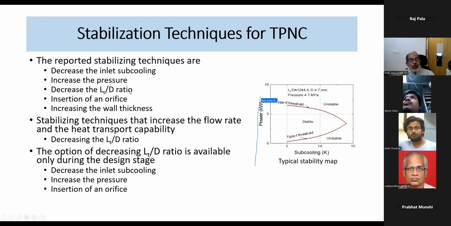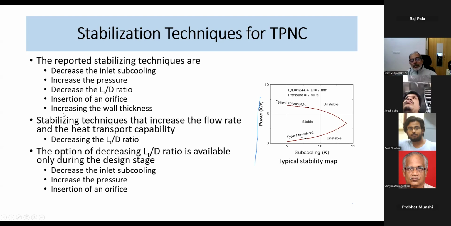But it actually only stabilizes the pump circulation loops. In pump circulation loops, you can select a pump of a higher developed head, and in that case the single phase pressure drop can be dominant, and that way instability can be avoided. But in natural circulation systems, it cannot be avoided by inserting an orifice.